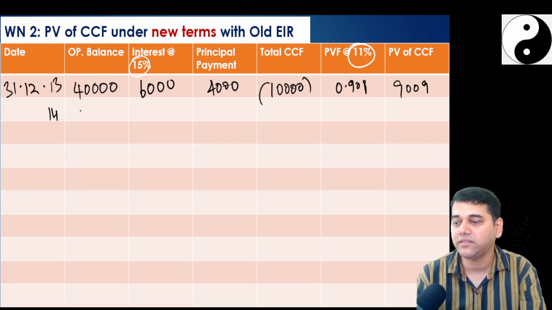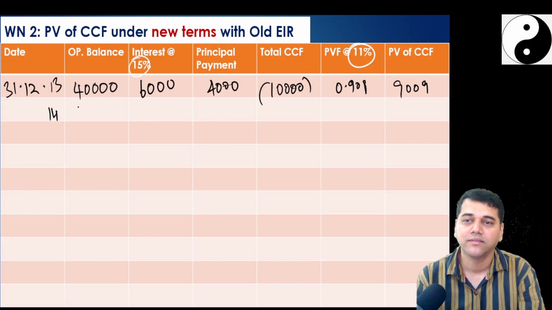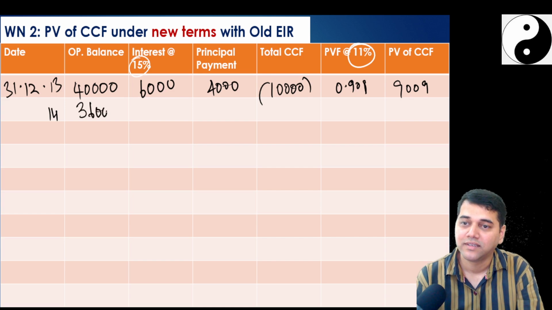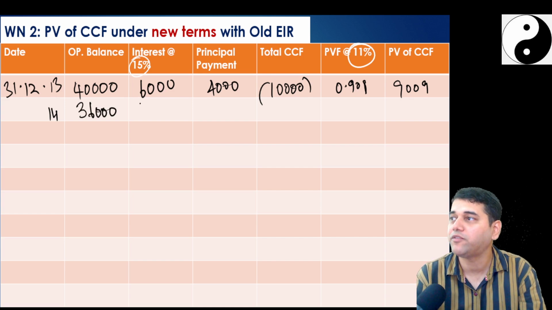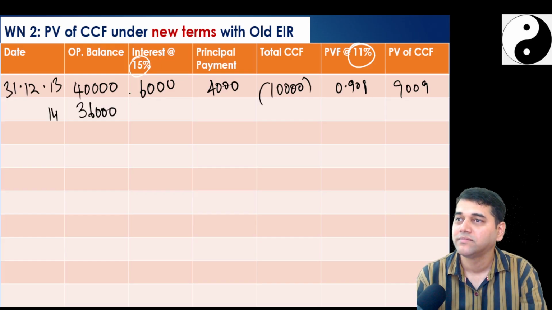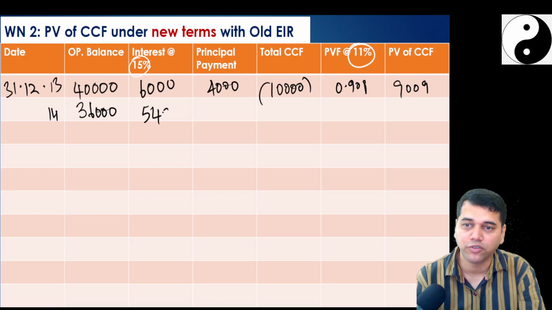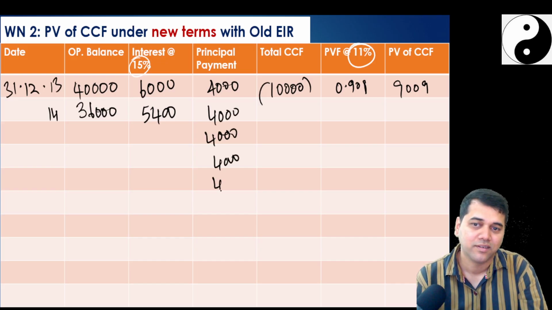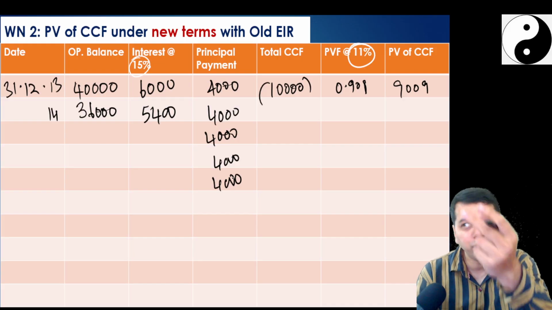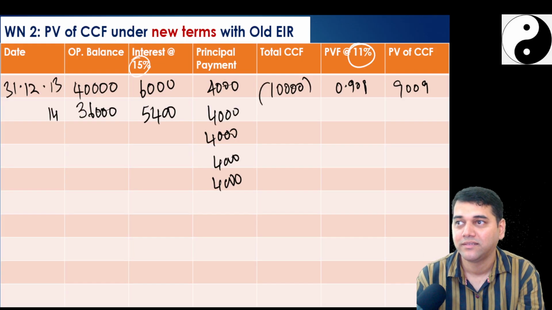What is your opening balance? 36,000, because you paid 4,000 already. On this 36,000, 5,400 is going to come. Then you know one thing, that means I can actually fill this 4,000. After some time you will figure out one pattern there. Till that time, be careful.